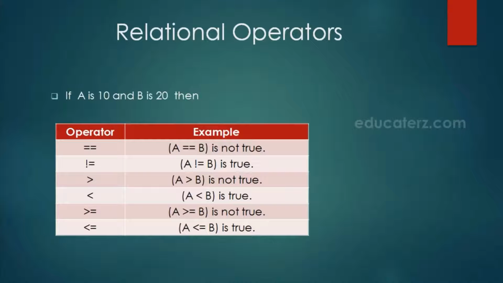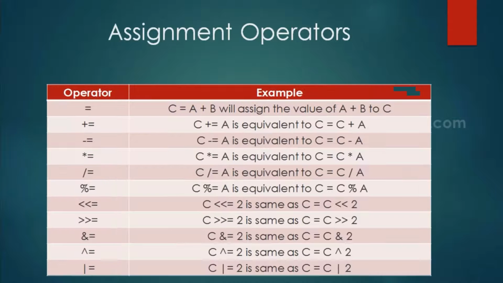Greater than: A greater than B is not true. Less than: A less than B is true. Greater than or equal to means if A is greater than or equal to B, then it becomes true, but in this case it is not true. Less than or equal to: here also the less than as well as equal to criteria can be checked. So A less than or equal to B is true in this case.